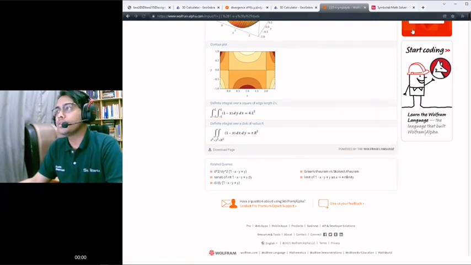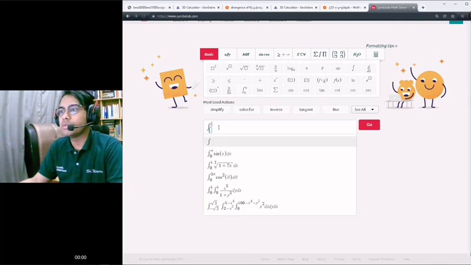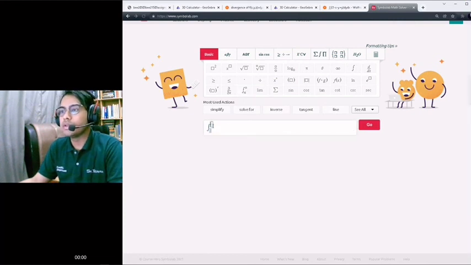For this I'm going to use Simulab, where we can put our own custom limits.